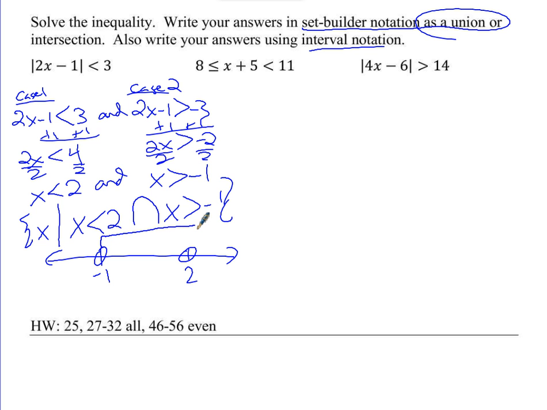We have less than +2, so it winds up looking like that. An AND statement. Now it's easy to come up with interval notation. Open dot means what? Parentheses, -1 to 2 and parentheses. That's it.